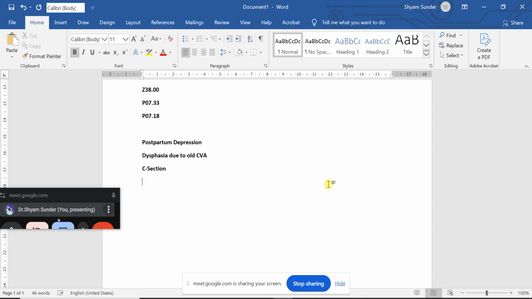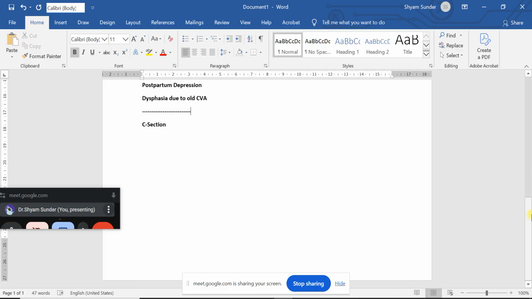Let's say the patient went for a normal delivery but ended up with a C-section. In that case, do we also assign the code from O82, because O82 clearly mentions without indication, meaning no medical reason?